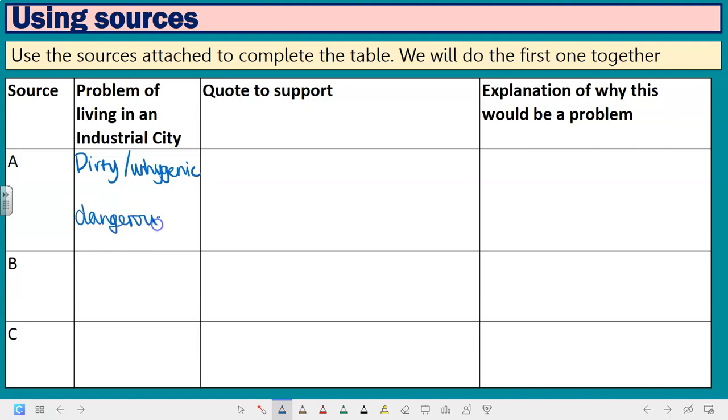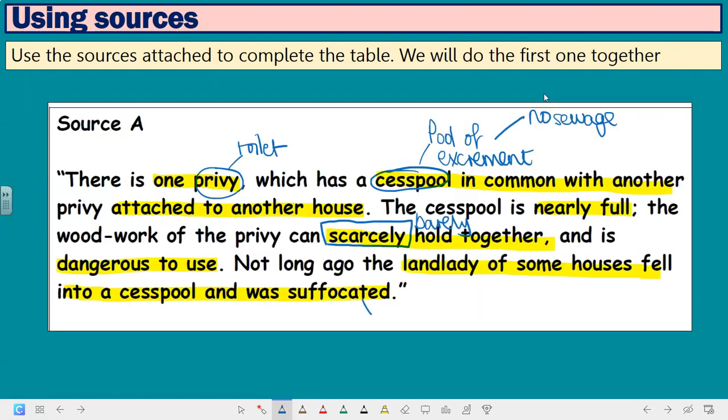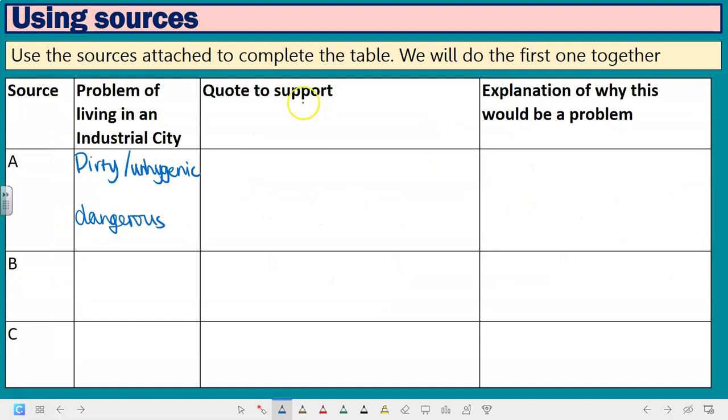So I can give more than one problem per source. So let's have a look back and see if I can pick out some quotes to support the fact that it was dirty and unhygienic and dangerous. So I might pick out that there was one privy which has a cesspool in common with another privy. And also I might pick out it can scarcely hold together. So I'll go here and I'll give my quote. So remember I use quotation marks.